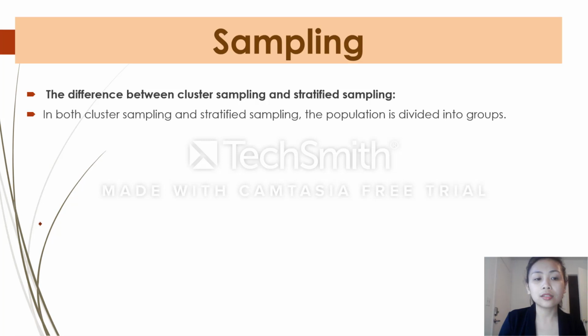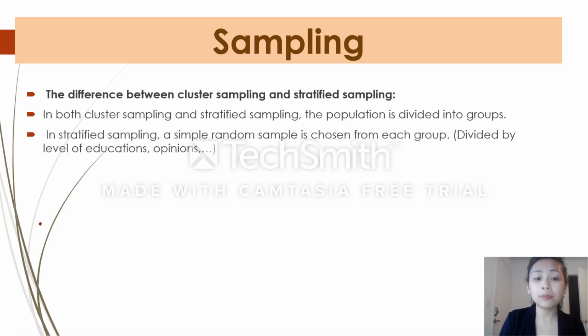One common thing is that in both, the population is divided into groups. However, in stratified sampling, a single random sample is chosen from each group, that means each stratum, and then we combine them together.